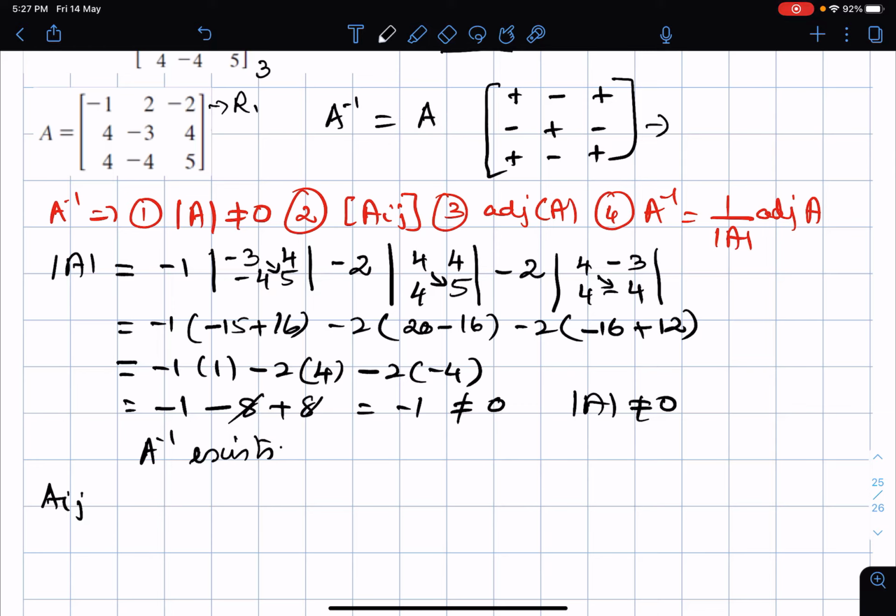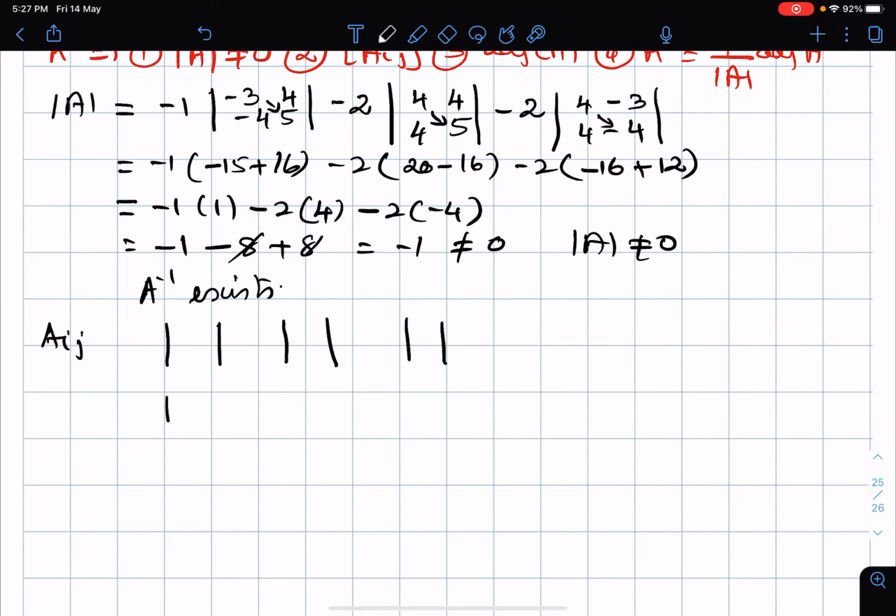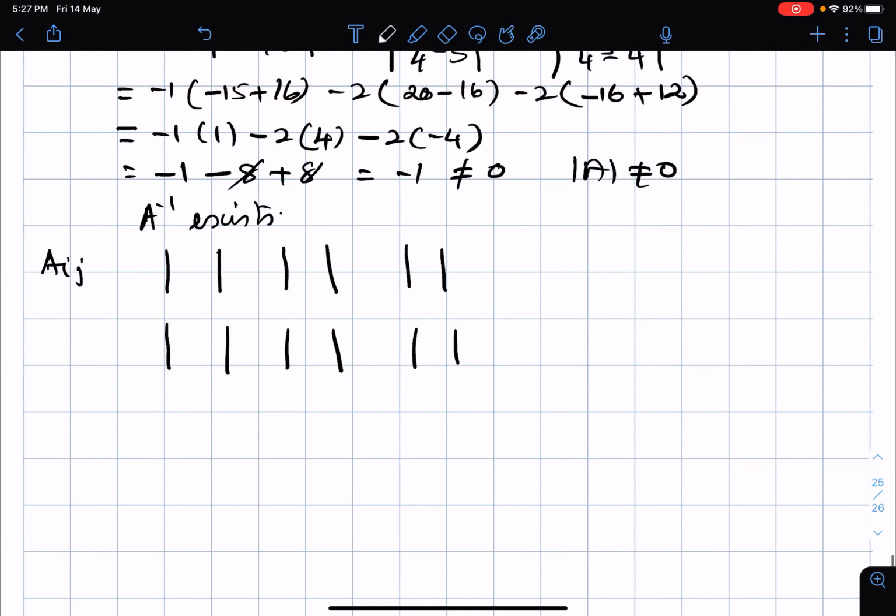Okay. So you will get first with 3 determinants, isn't it? 1, 2, and 3. Second row, 1, 2, and 3. Similarly, third row, 1, 2, and 3.